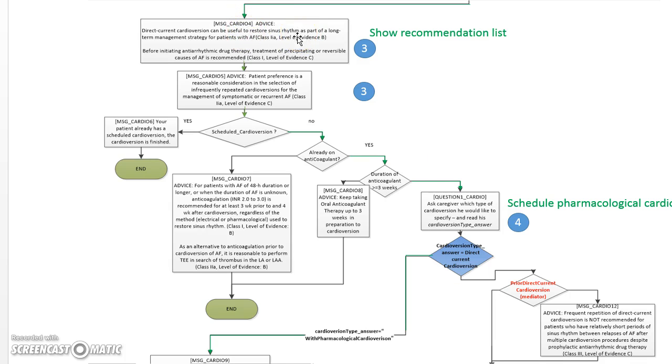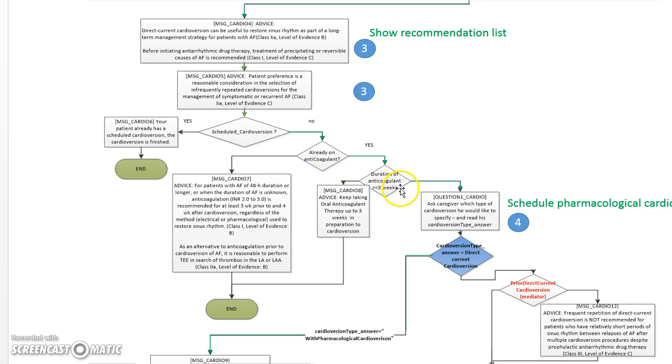Here I collect a third advice in two parts: direct current cardioversion and patient preference, etc. And the system will then look to see if there is a scheduled cardioversion. If there is none, we need to schedule it, depending if the patient is already on anticoagulant. And we saw he is on Coumadin.